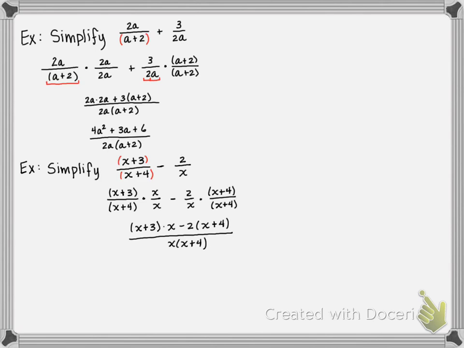And then, like Mike was saying, you can put the x in front here if you like it better. But it distributes the same either way. So we have x squared plus 3x minus 2x minus 8.